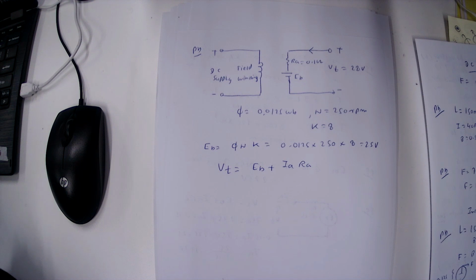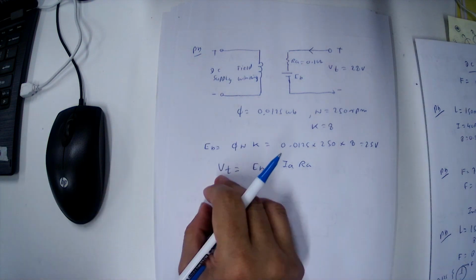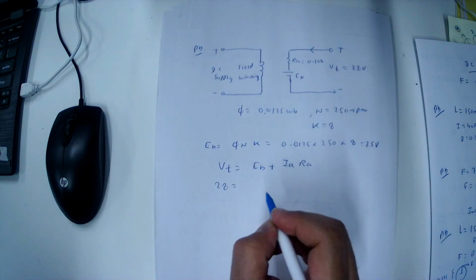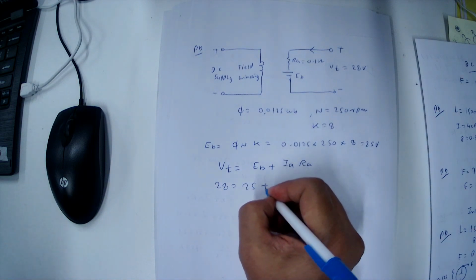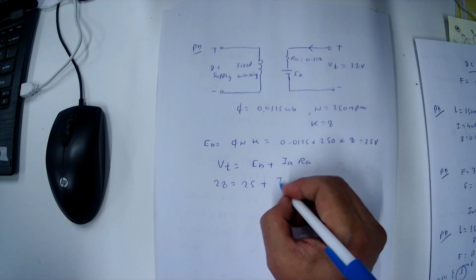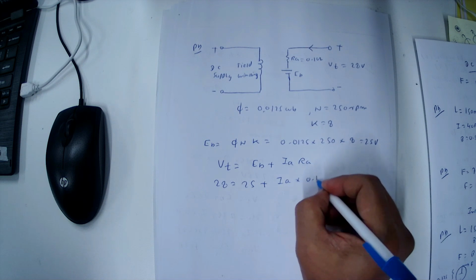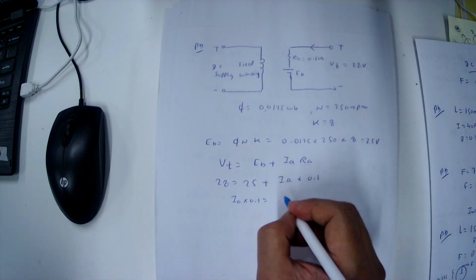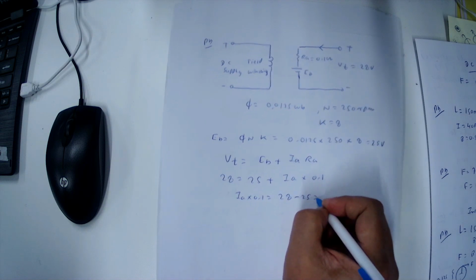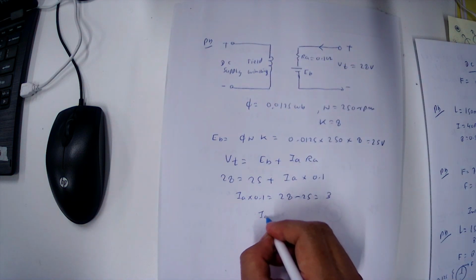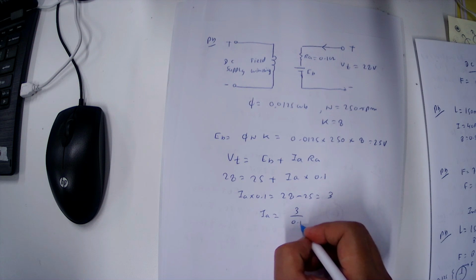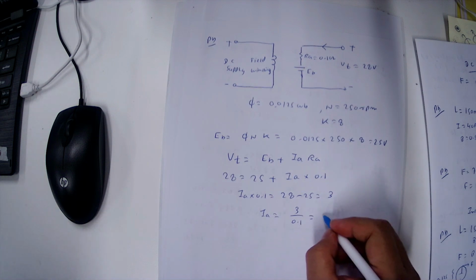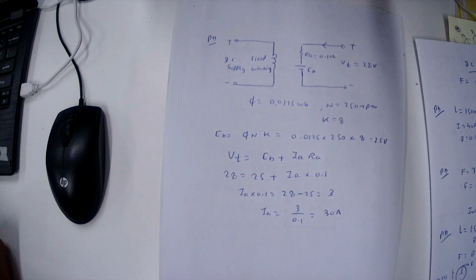We substitute: VT 28 volt, EB 25, RA 0.1. So IA multiplied 0.1 equal to 28 minus 25, so this is 3. IA can be calculated as 3 divided by 0.1, so you got 30 ampere. This is the IA we calculated.